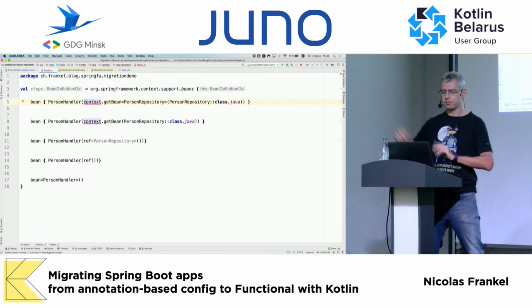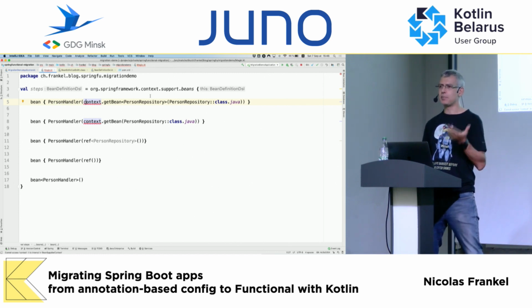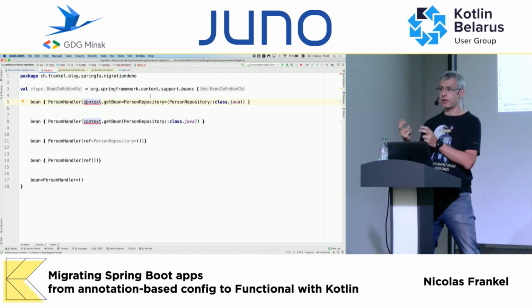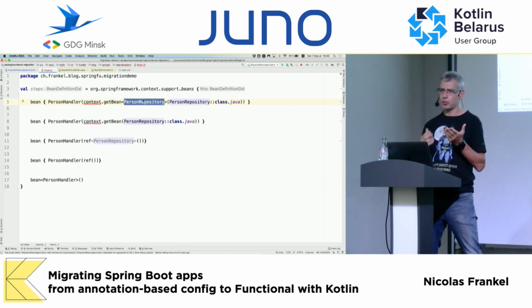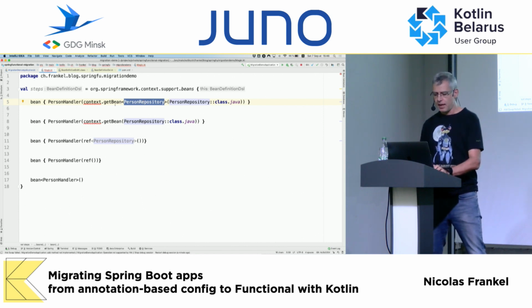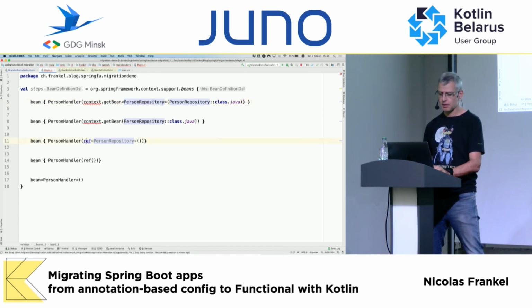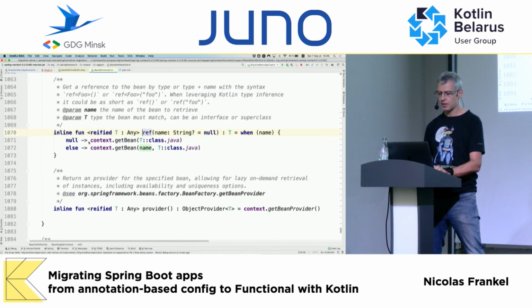Right? So far, so good. And because getBean is generic, we need to say that it's person repository, right? And now if we check this ref method, we can see that it's exactly what it's doing.